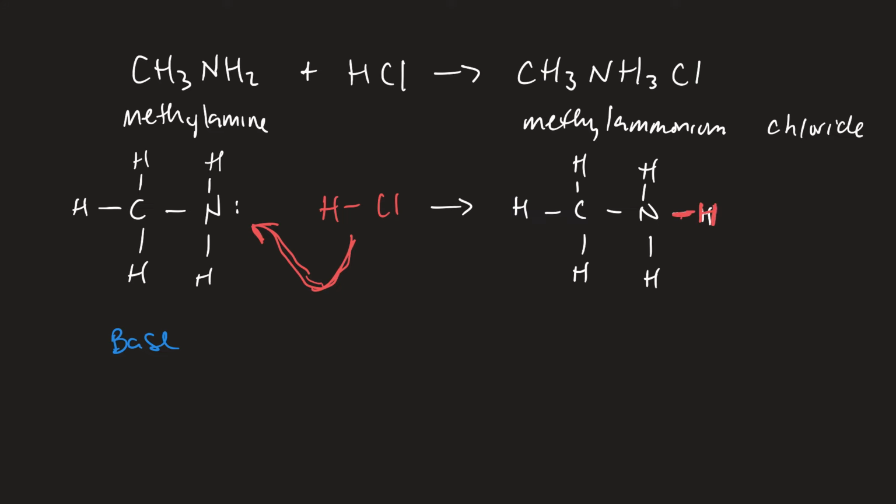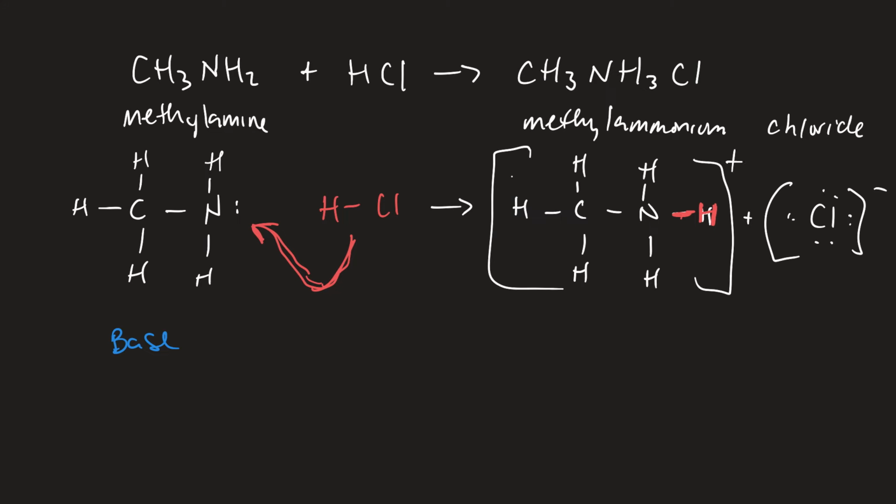And then we have the chloride ion, which is now by itself, and this has a charge as well. This is basically the overall structure of how nitrogen-based compounds take the hydrogen from the acid, and ultimately these are the types of products they make.